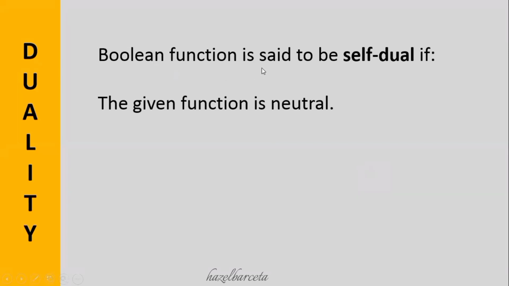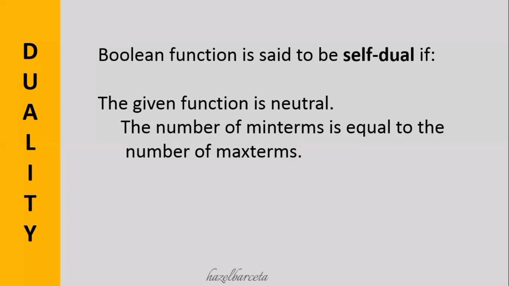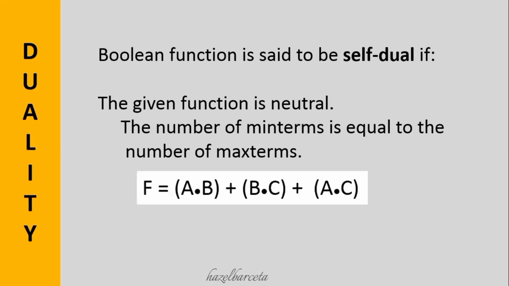Boolean function is said to be self-dual if the given function is neutral. So, ano po ang ibig sabihin ng neutral? The number of min terms is equal to the number of max terms. Lalo pong gumulo. Ano naman po yung min terms? Ano naman po yung max terms? So, balikan po natin yung ating given function.